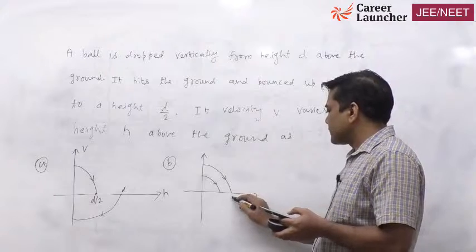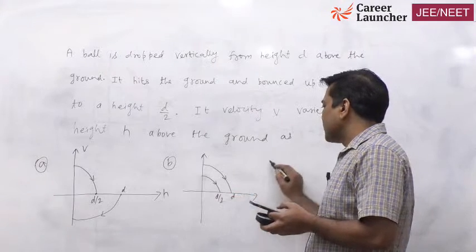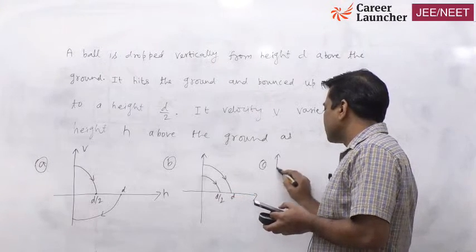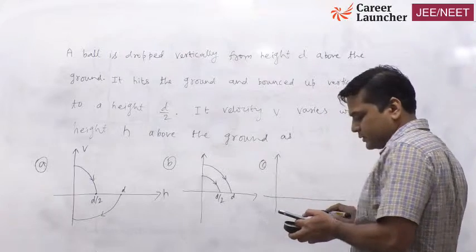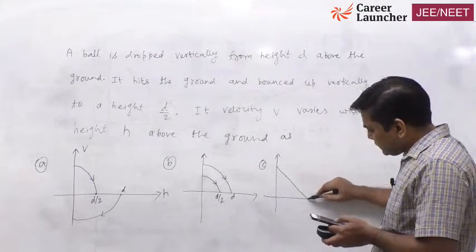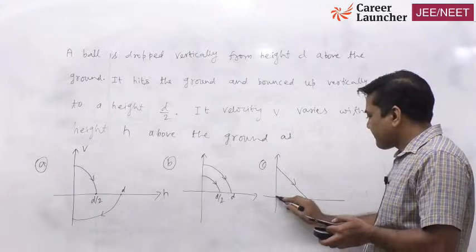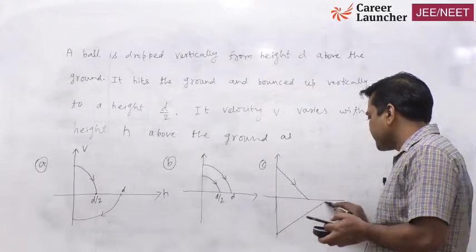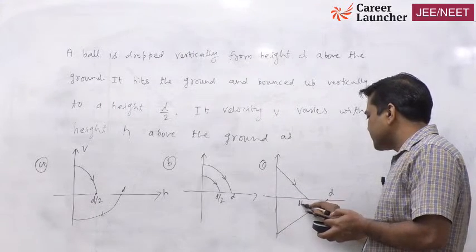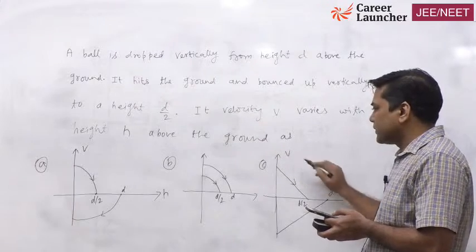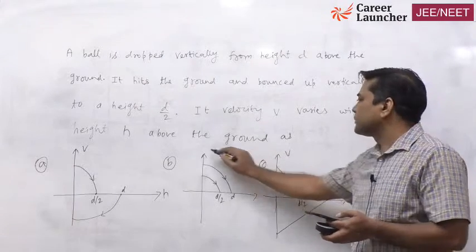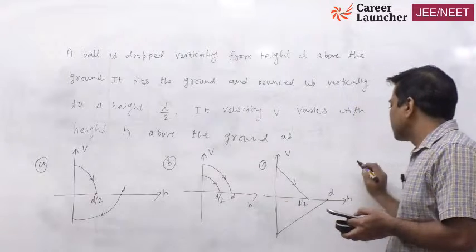This is d, this is d by 2. Arrow sign is important. C option. So d by 2, of course v versus h. D option.